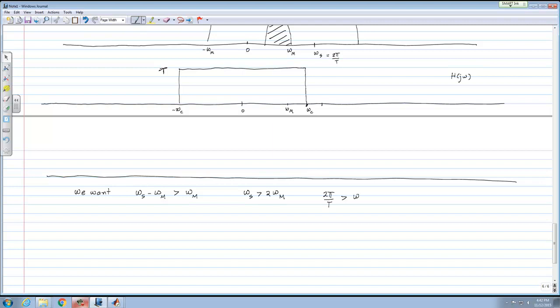So we want 2 pi over t to be greater than 2 times omega m, or equivalently, t smaller than pi over omega m. As long as t is smaller than pi over omega m, your omega s will be big enough that the replicas don't overlap. You can simply design a low pass filter to filter out all the replicas and you will get your signal back.